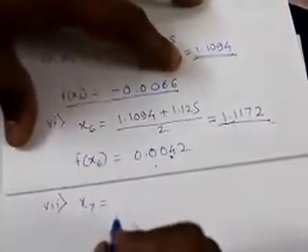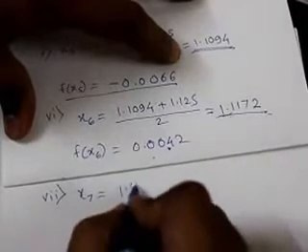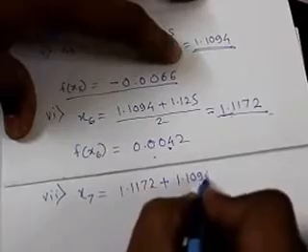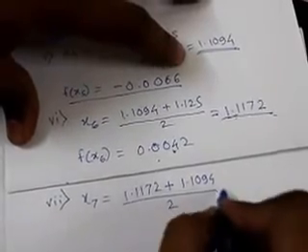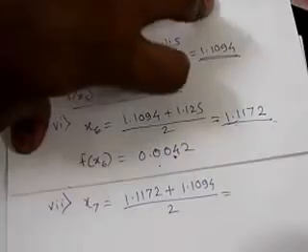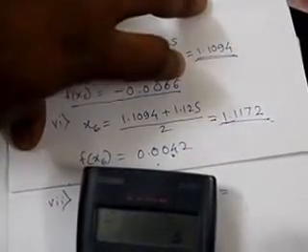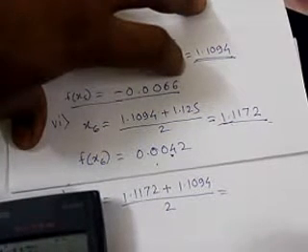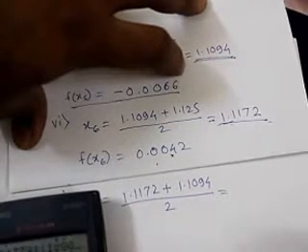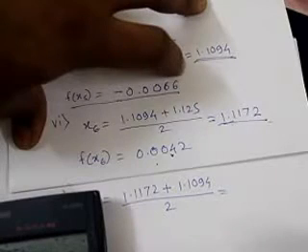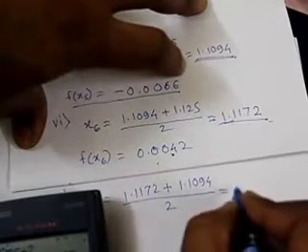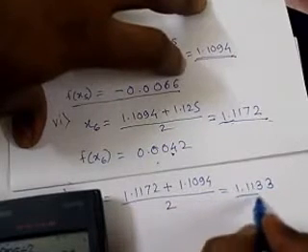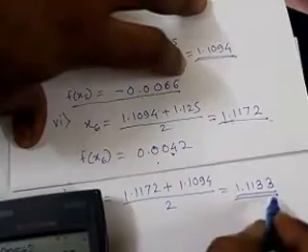So x7 is 1.1172 plus 1.1094 divided by 2, which is 1.1133. So this is our seventh and final iteration.